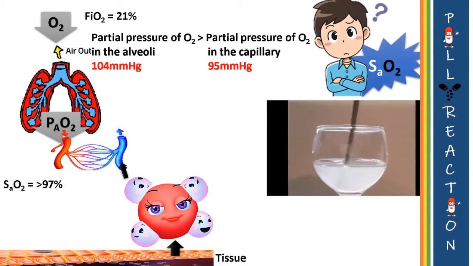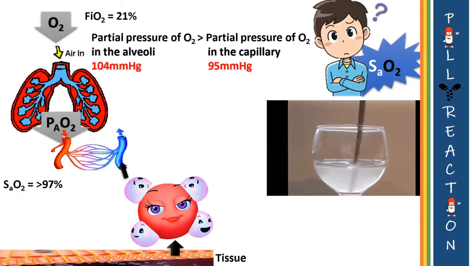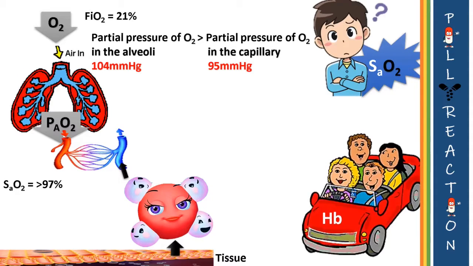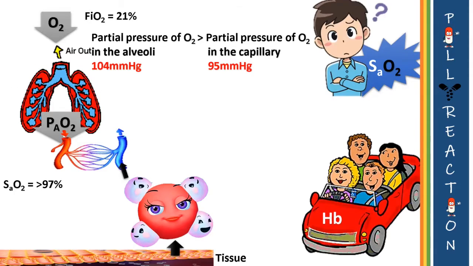This reminds me of my 10th grade syllabus, where we used to experiment with sugar in water, and sugar gets saturated. That means sugar will not dissolve after addition of a fixed quantity into a particular glass of water.